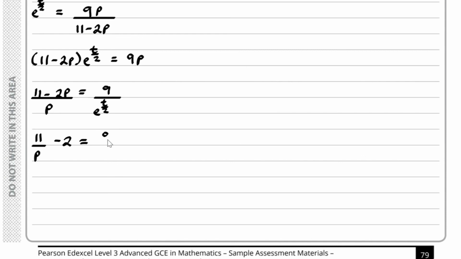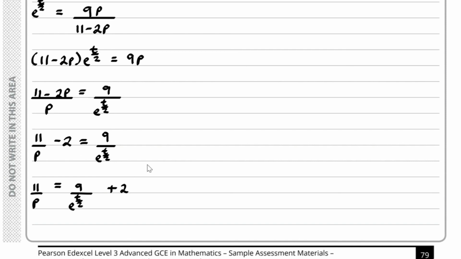This is equal to 9 over e to the t over 2. So I've got 11 over p equals 9 over e to the power of t over 2 plus 2.